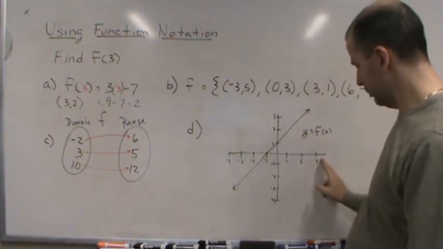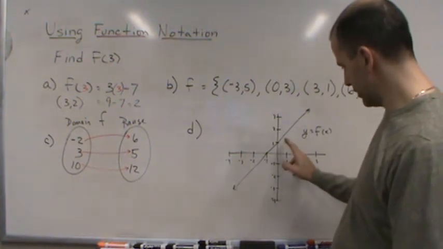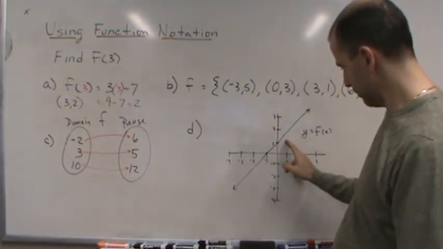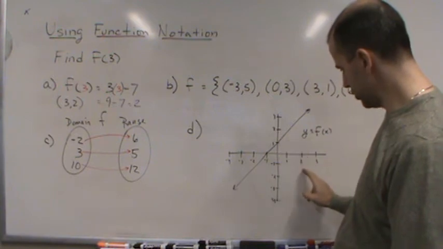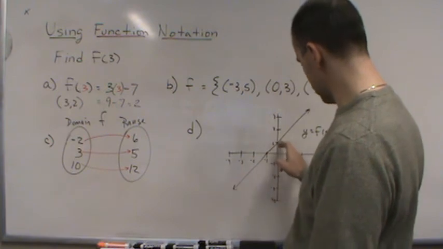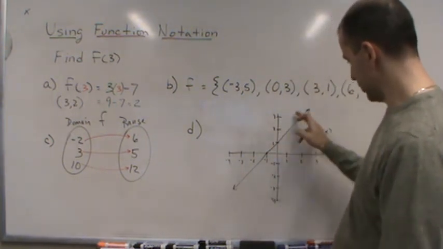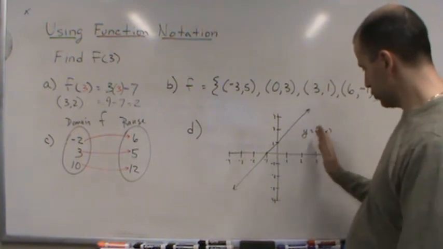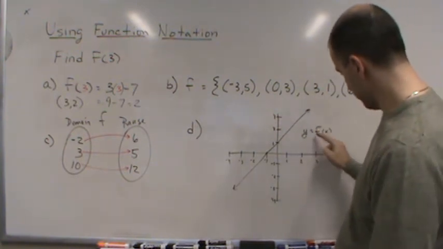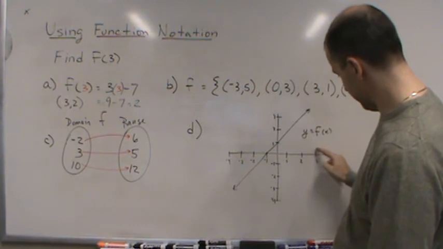So at 1, it's 1, right? Or excuse me, I'm sorry. At 0, it's 1. At 1, it's 2. Okay? And then at 2, it's 3. Well, at 3, if we draw a line up here, we're going to come up to here.